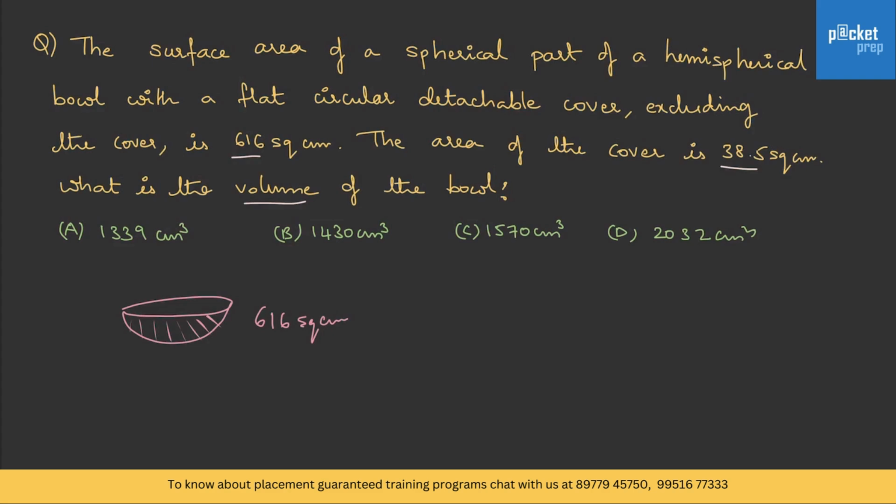And we already know for a sphere the surface area is 4 pi r square. Then for semisphere it will be 2 pi r square. These two can be equated. From this we can get r square is 98 or r is root 98. But the question asked is to calculate the volume of the bowl. Volume is, for a sphere, 4 by 3 pi r cube. Now because it is semisphere, we will take it as half.